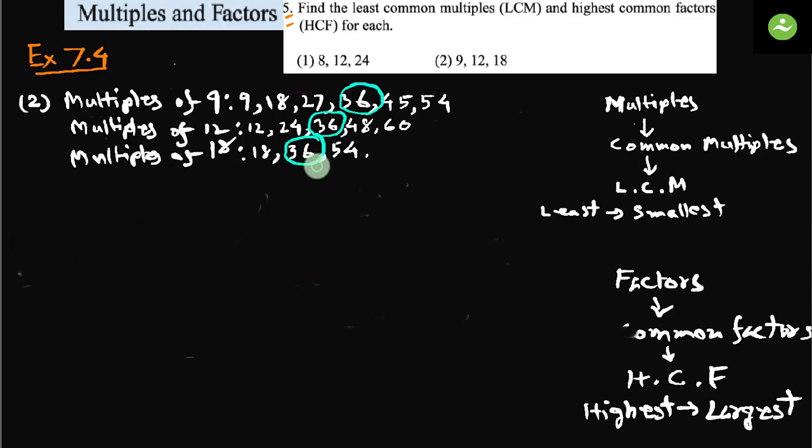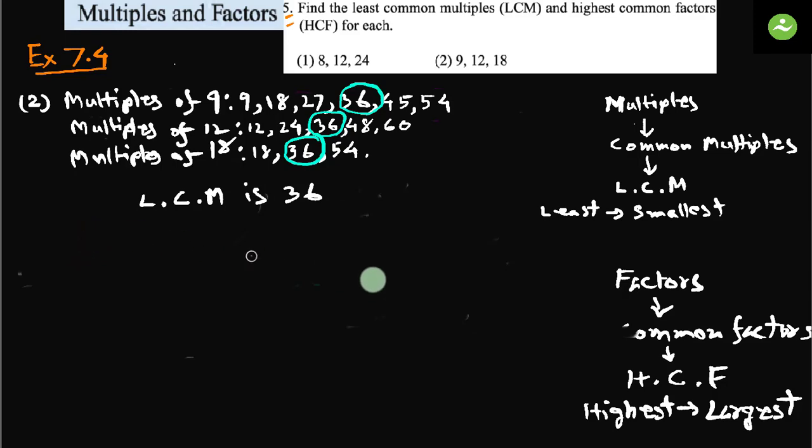And this is the smallest, and we know we have to find the least common multiple. So this is the smallest. So the answer, LCM, is 36.